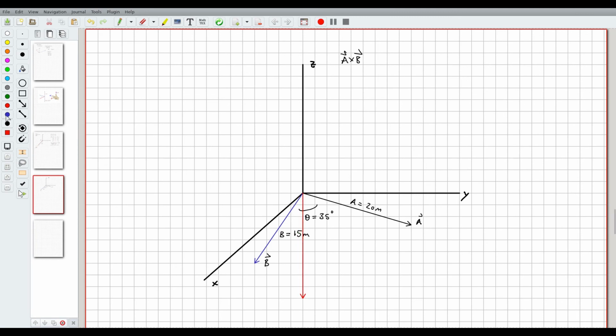It's going to be somewhere in this direction, like this.